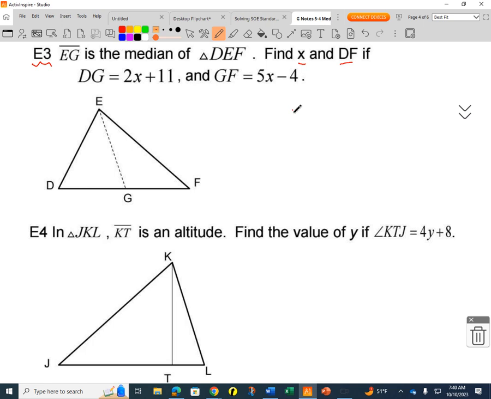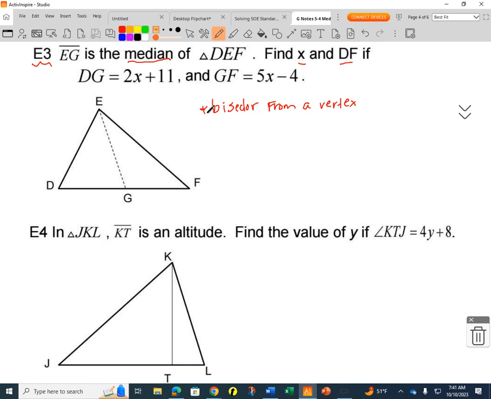EG is a median of triangle DEF. When I see median, I have to remember it's a bisector from a vertex.